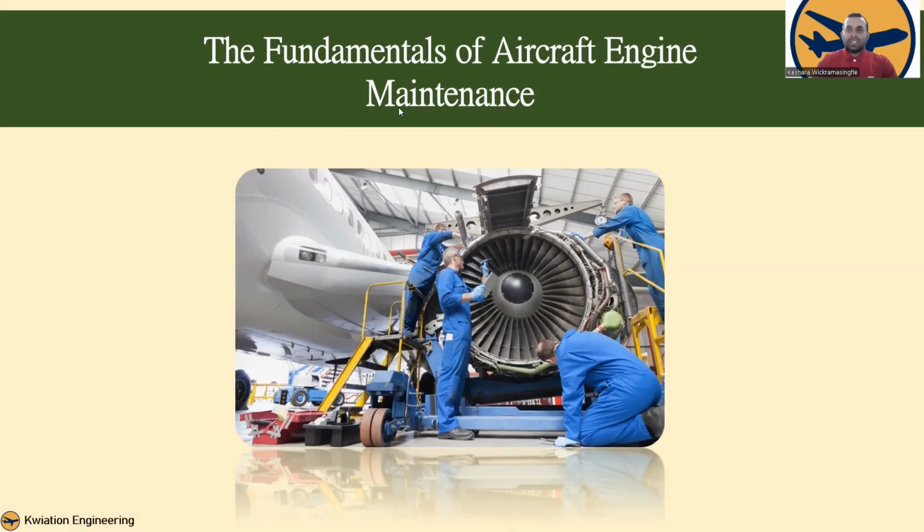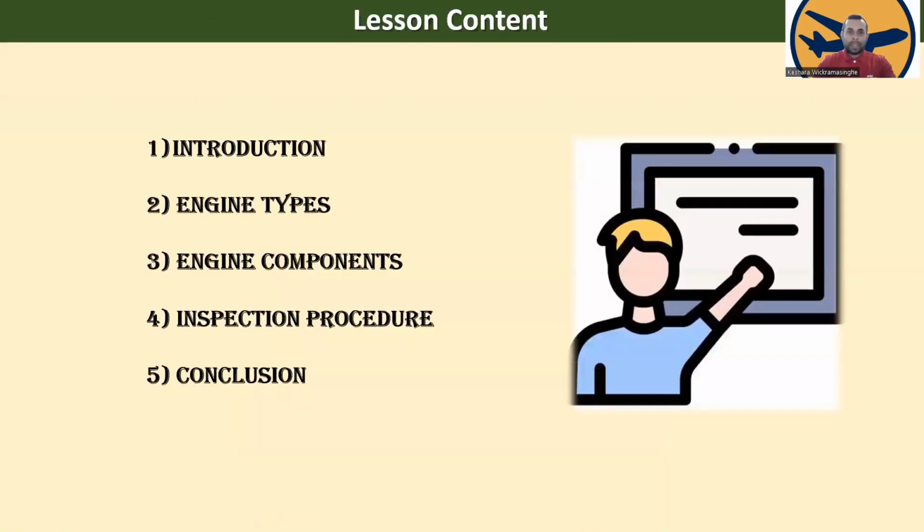Okay, so today's lesson is about the fundamentals of aircraft engine maintenance. The lesson contains the introduction, engine types and engine components, and especially I'm talking about the components of the reciprocating engine, the piston engine.